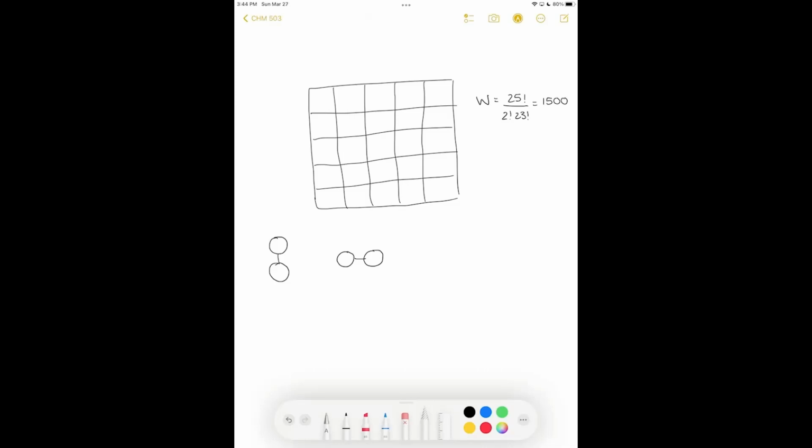We can use the brute force method for this simple example to say, well, how many of my total 1,500 microstates have these 2 atoms adjacent in 1 molecule? And we can simply find them all, right? We can move our molecule around in these boxes and count the total number of different options.